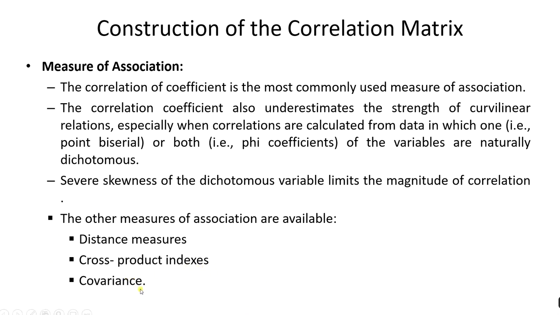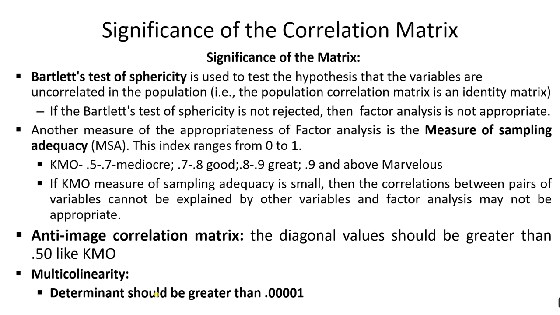These two measures are sensitive to all three indicators of the profile: level, dispersion, and shape. And covariance is sensitive to two, the dispersion and shape. But despite all these things, the correlation matrix in real practice is the most commonly used.